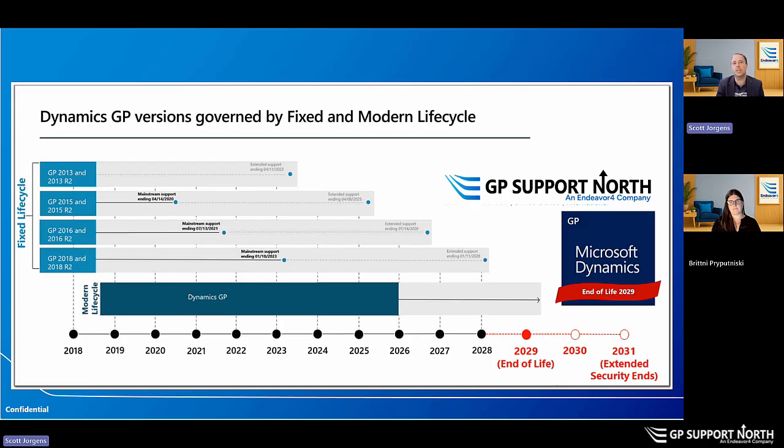We do not know what that is. Our best guess is it may be absolutely nothing, or if there are some fundamental flaws found in SQL Server and there needs to be a patch or a different patch within Dynamics GP, then those will be available and you'll be able to attain those through Endeavor.